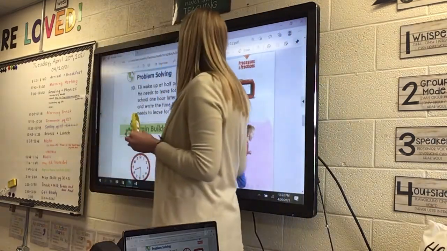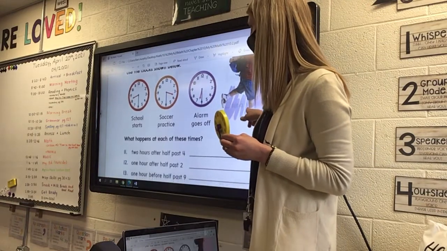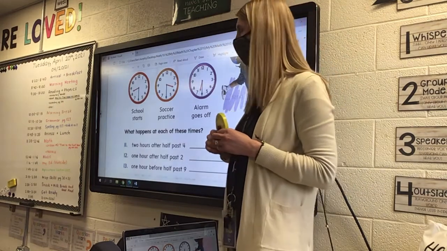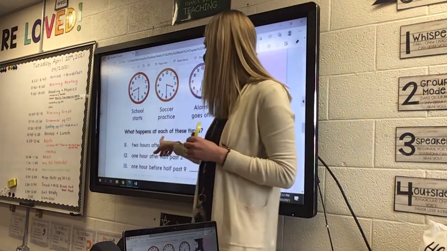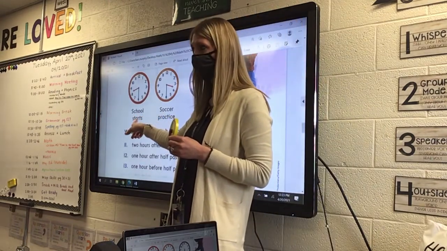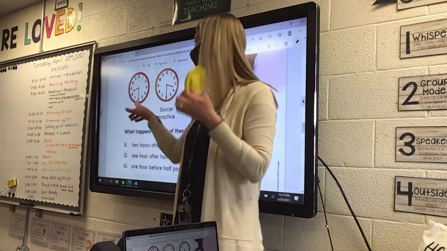Okay, let's go on to the brain builders. All right. Use the clock shown below. What happens at each of these times? So look at this time. School starts. And this is pretty much the same time we start school every morning.